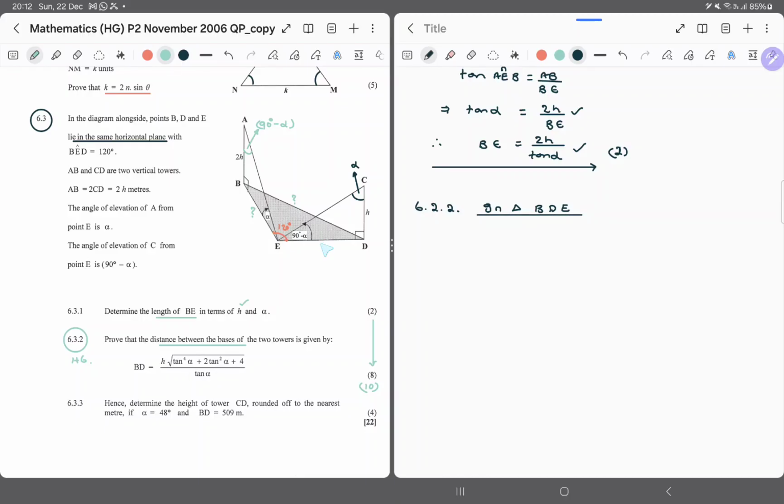What are we going to see? We know that we need this side from this other triangle. So all we are going to say, we know and understand without a shadow of doubt that we are going to do this indirectly.